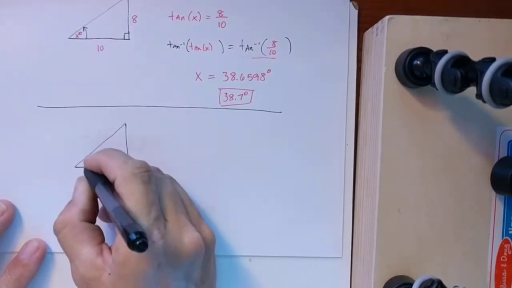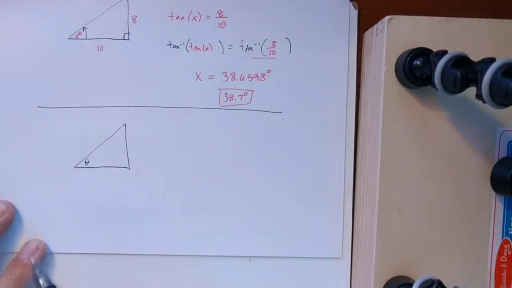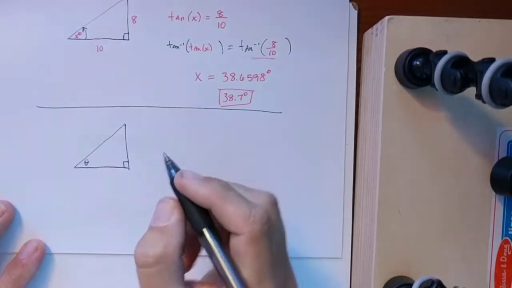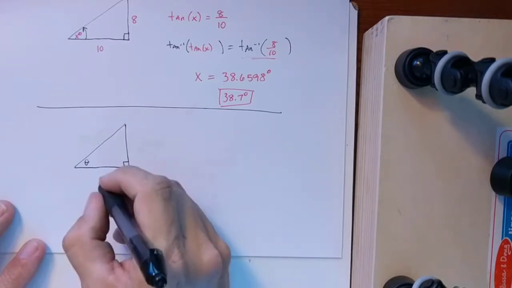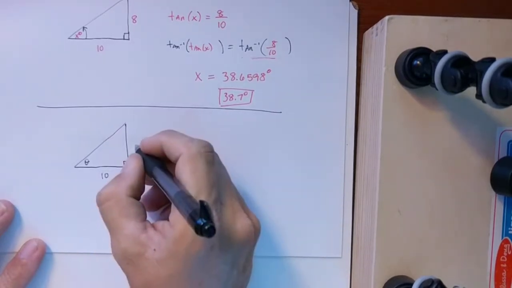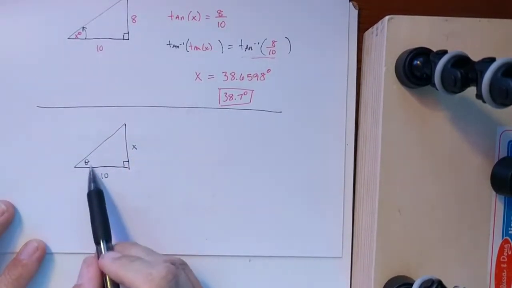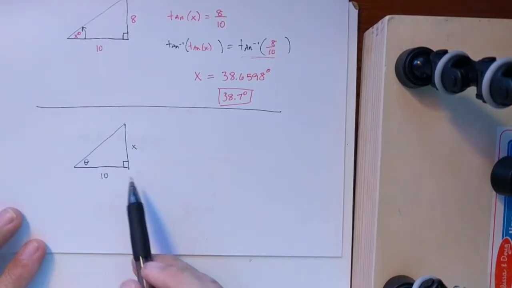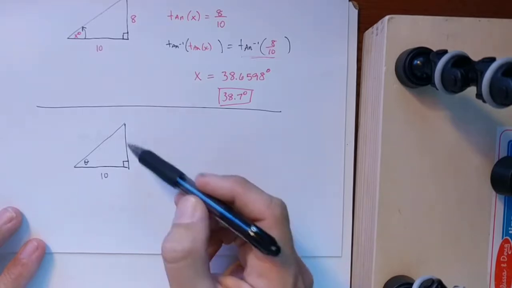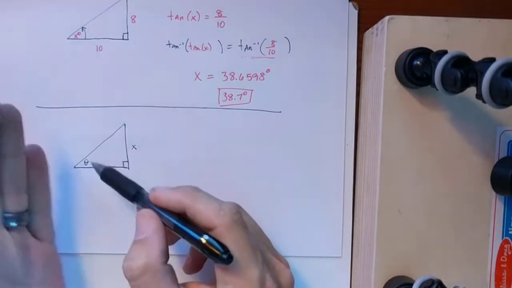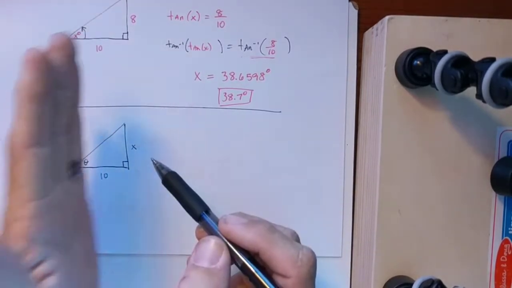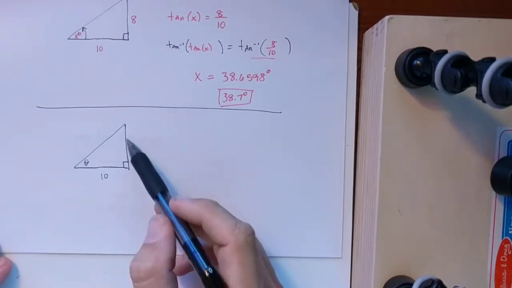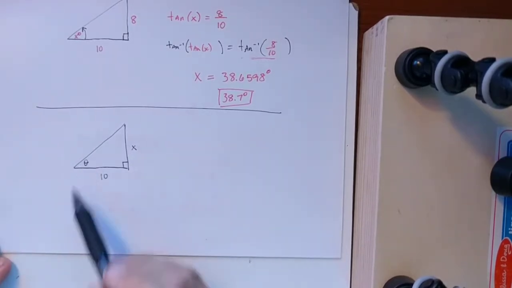We'll call that theta now instead of x, and we'll have a length here that's 10, and then this is an unknown length, right? So we have all different kinds of angles of elevation depending on how long x is. And you can just tell by common sense that the longer the x is, the steeper that angle is going to be. It's going to have to move up the wall, so to speak. The smaller the x is, the more shallow that angle is.